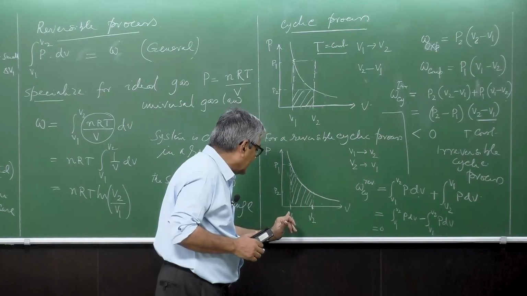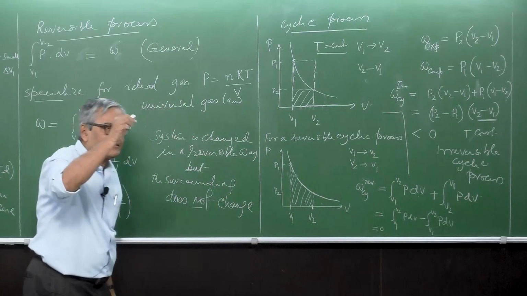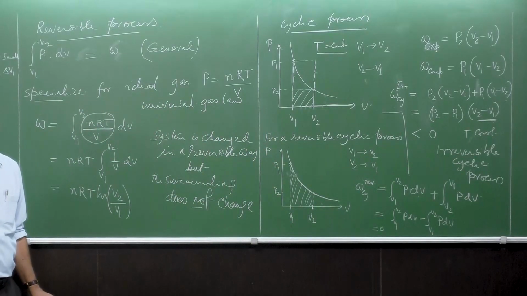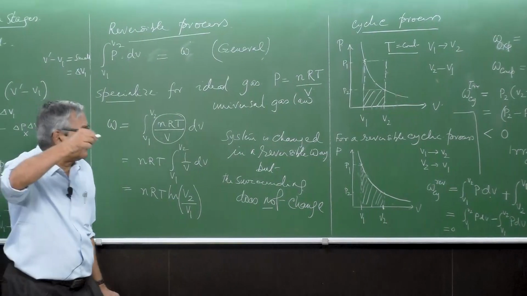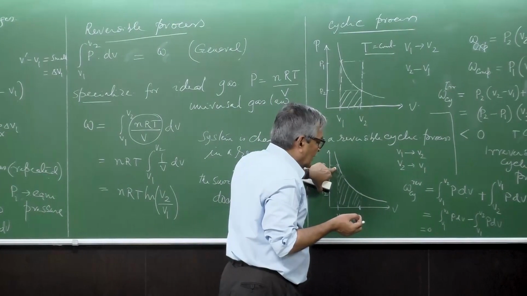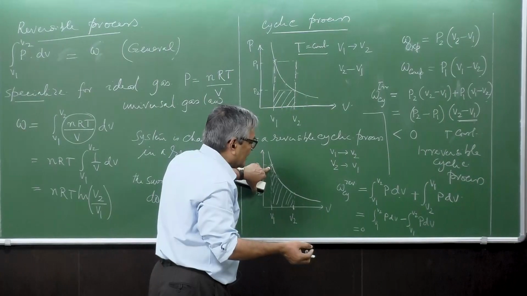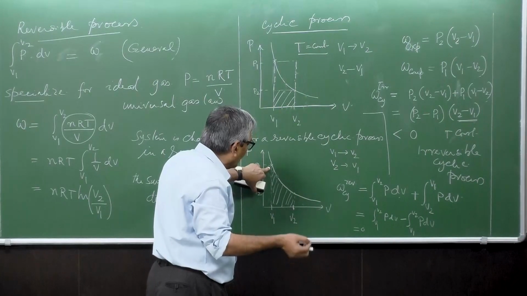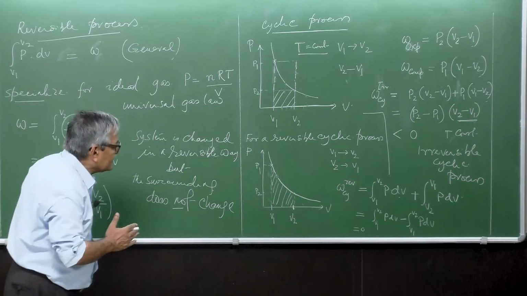That means I am changing the volume from V1 to V2, maintaining at each stage the pressure at an equilibrium condition. So I lift the pressure slightly from pressure P1 to slightly lower it to get another new pressure, and again lift a small amount of pressure out of it, and at each stage there is an expansion.